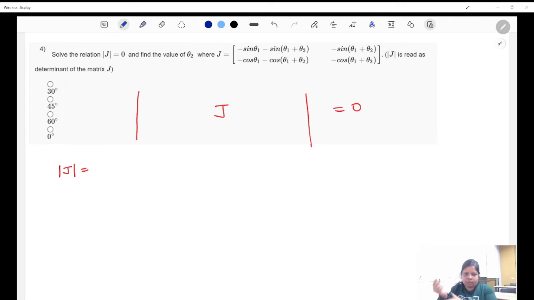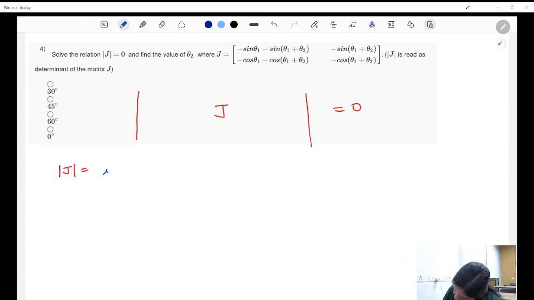Please keep solving parallelly. Don't wait for my answers. So let's multiply the first and the, I mean, 1 and 2.